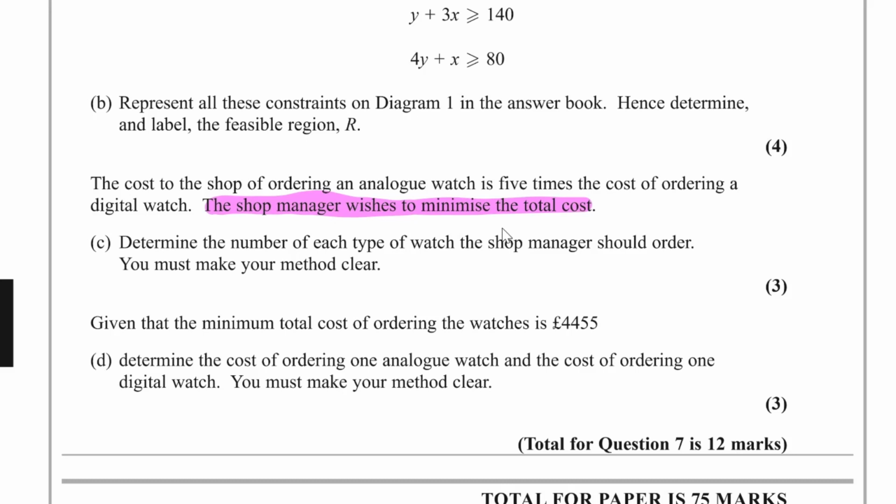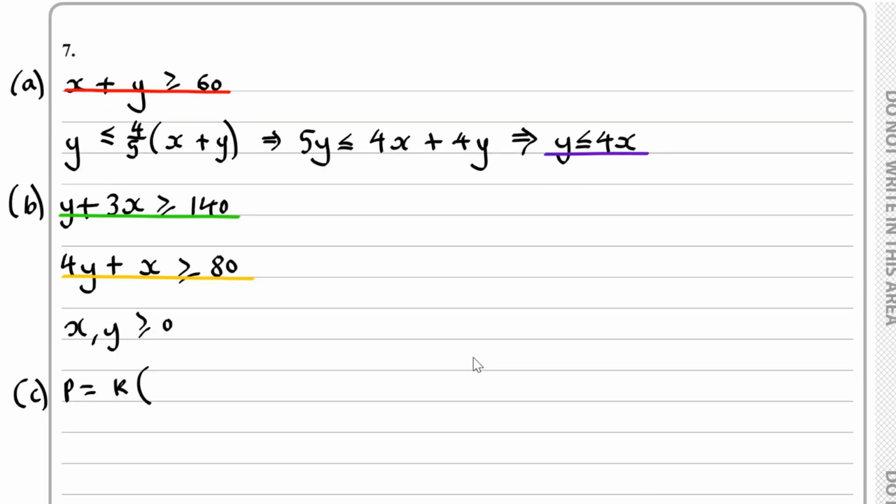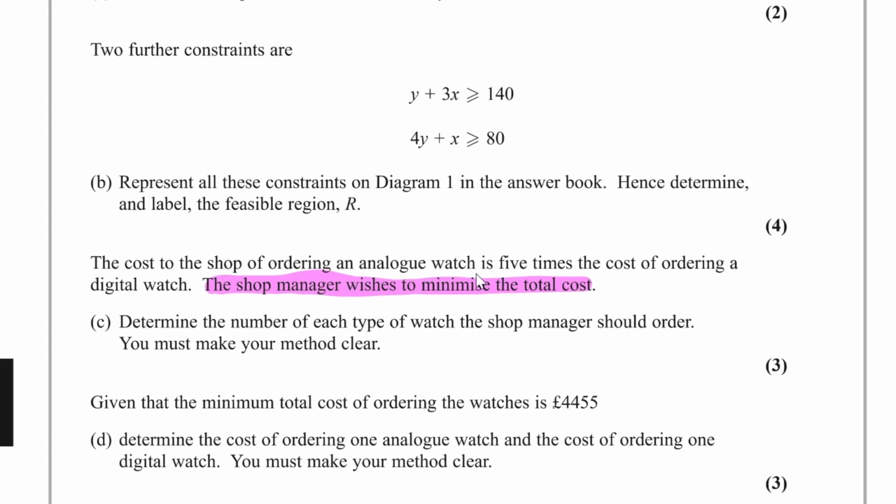So our objective function will be of the form 5x plus y, because the cost of an analog is 5 times that of a digital.